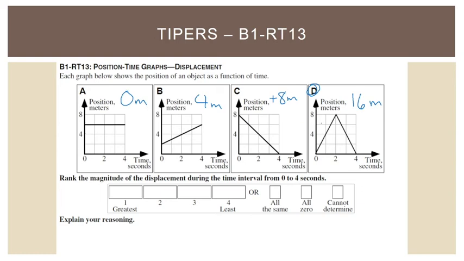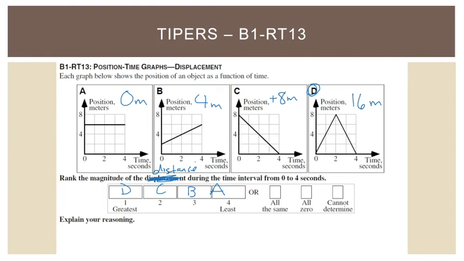So the distance goes up by 8 from 0 to 2, and it goes up by another 8 from 2 to 4. And so that would make our ranking here D, then C, then B, then A. And that would only be if it said rank the distance. Now, the problem didn't actually say that, but I think that's always good to think about to make sure we really understand the difference between distance and displacement.